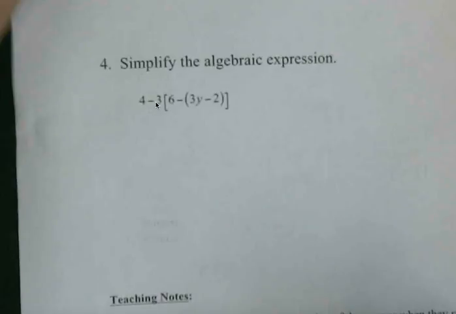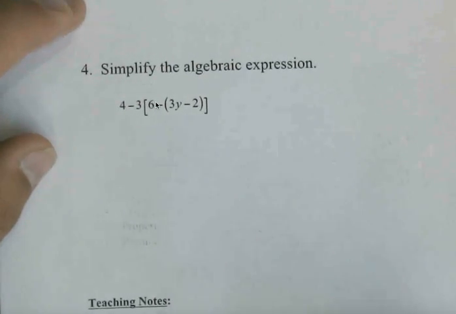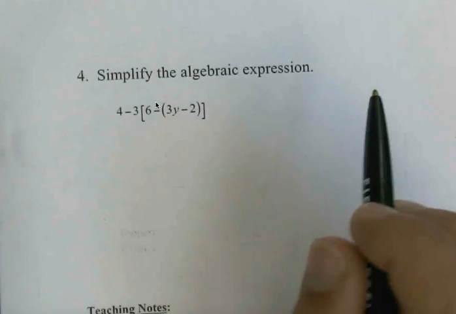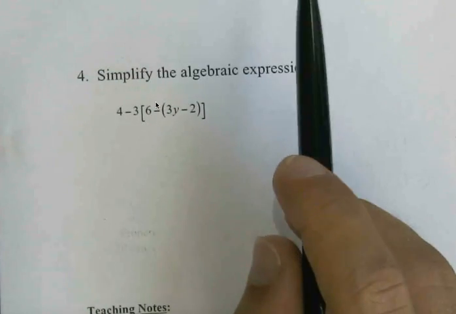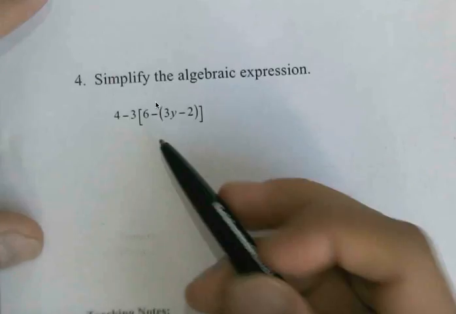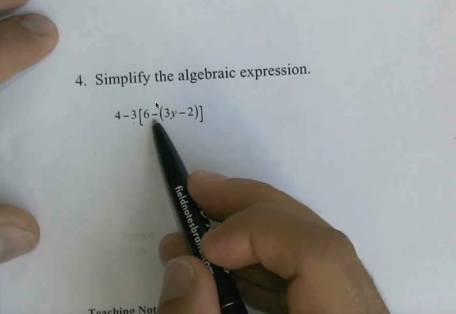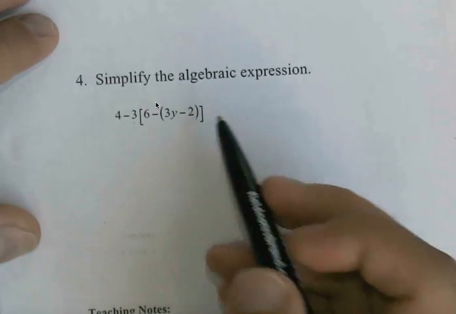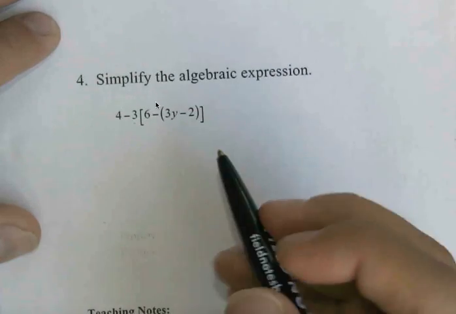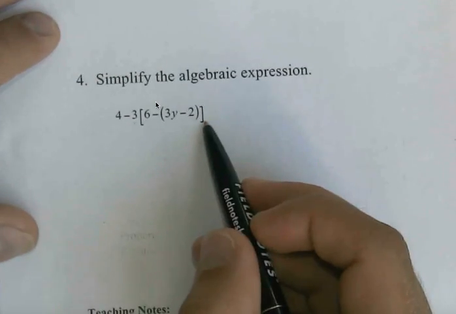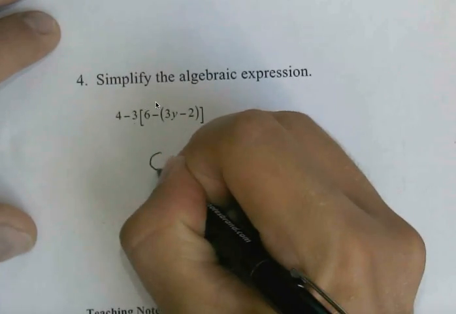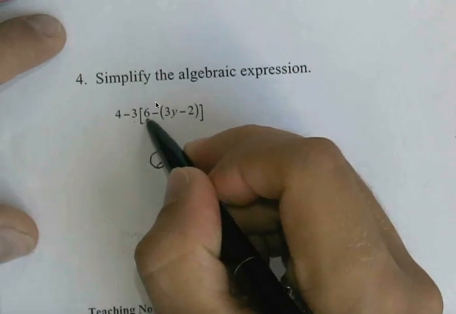Easy enough. Quick simplifying of algebraic expressions. We see a lot going on here. Again, similar to the previous problem, work from the inside out. So you have 4 minus 3 with brackets around 6 minus parentheses 3y minus 2. Seems like there's a lot going on. But if you look in the brackets, what I am pretty sure we can rewrite is definitely holding on to the 6.